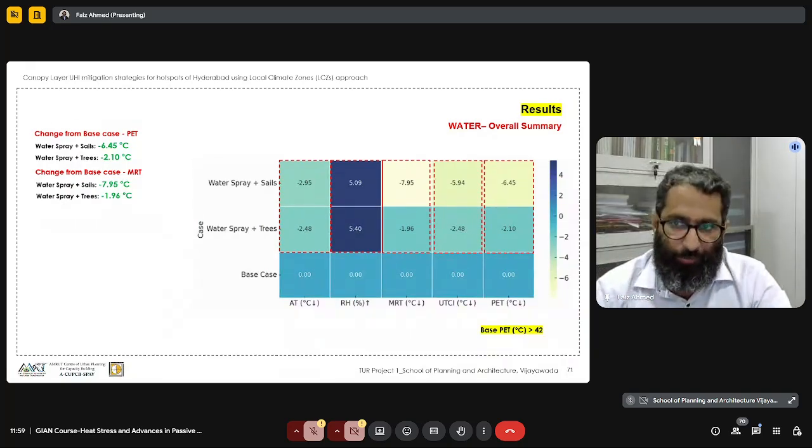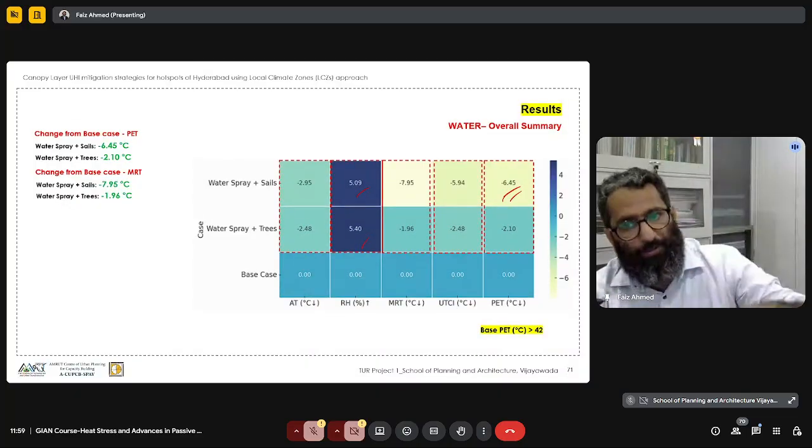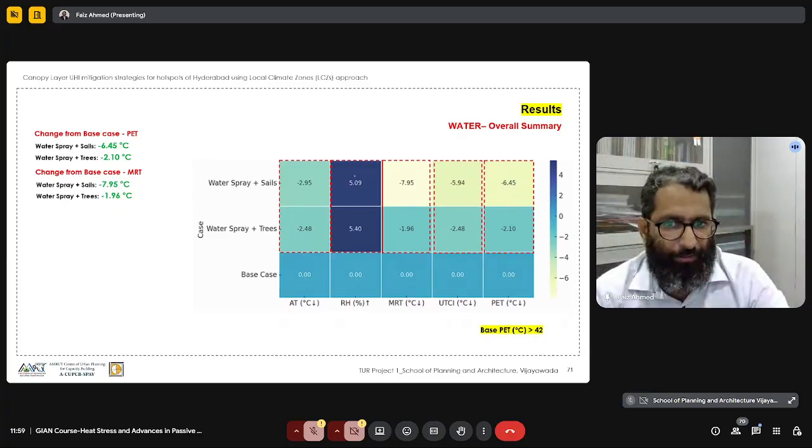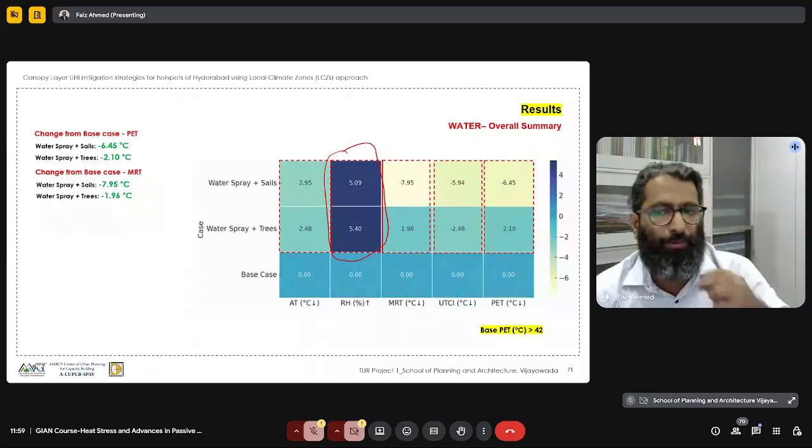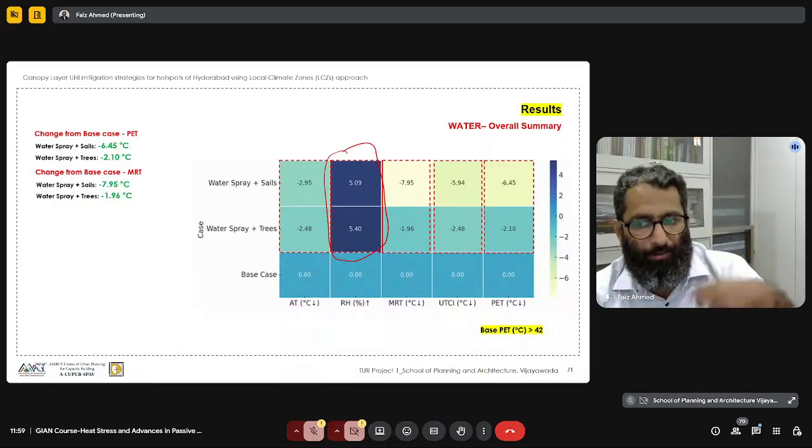And the water body also brought a significant impact in PET values. It improved the PET value by a big number, and of course it has increased the RH value. And this is what we wanted, at least during the summer months, the seasonal months: we wanted to improve slightly the humidity levels there.